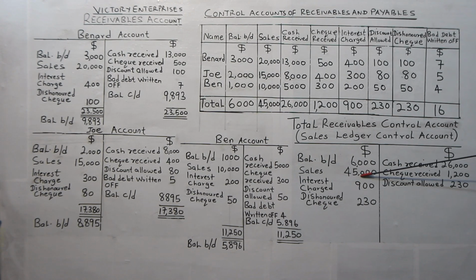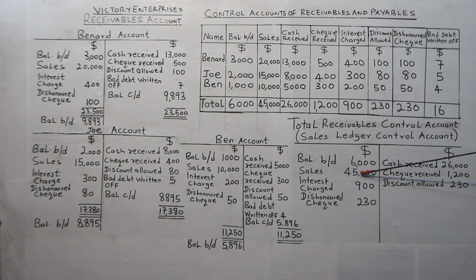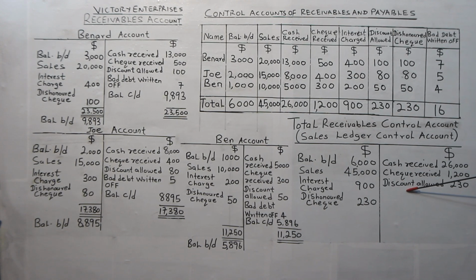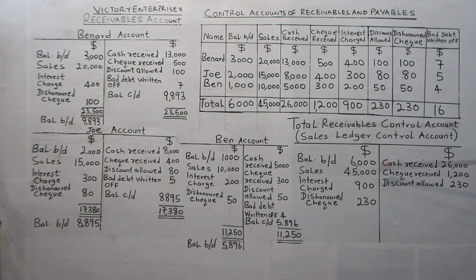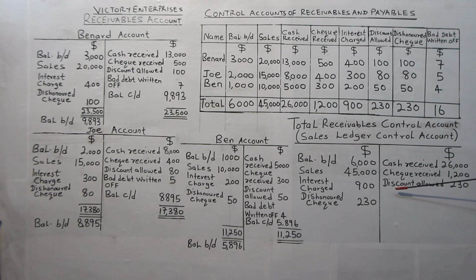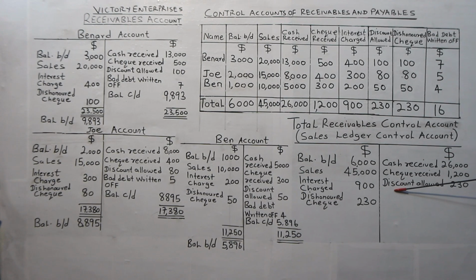And Victory Enterprises discovers that some of them can never pay. So the best thing is to cancel it. And when they want to cancel it, it will be credited to this account as bad debt written off. And this reduces the total amount that receivables are owing. So we credit bad debt written off of $16 to this account.